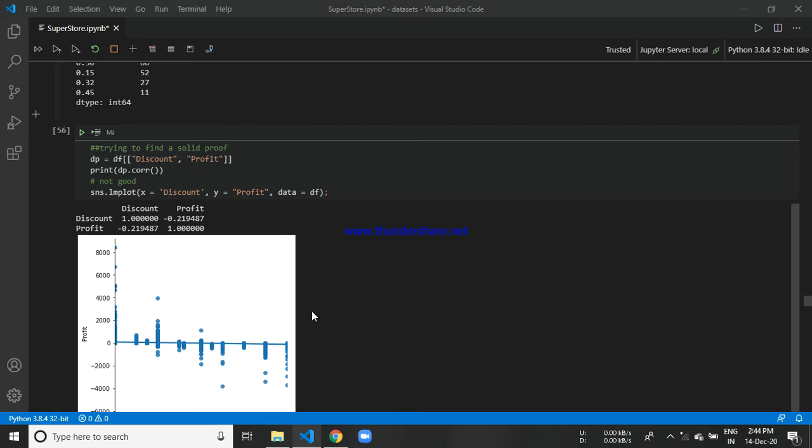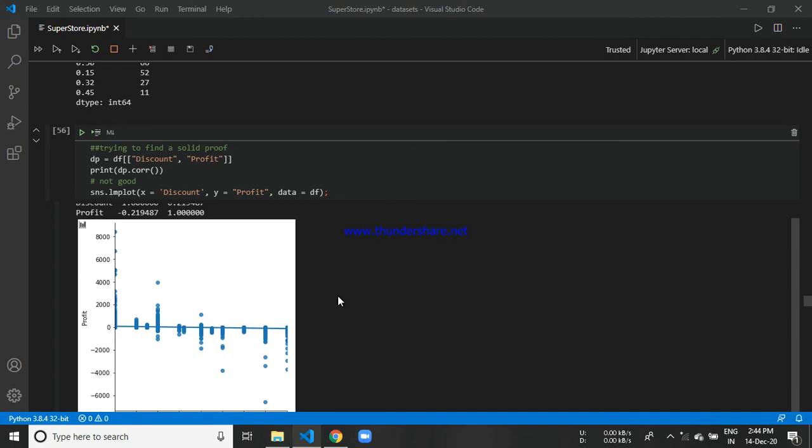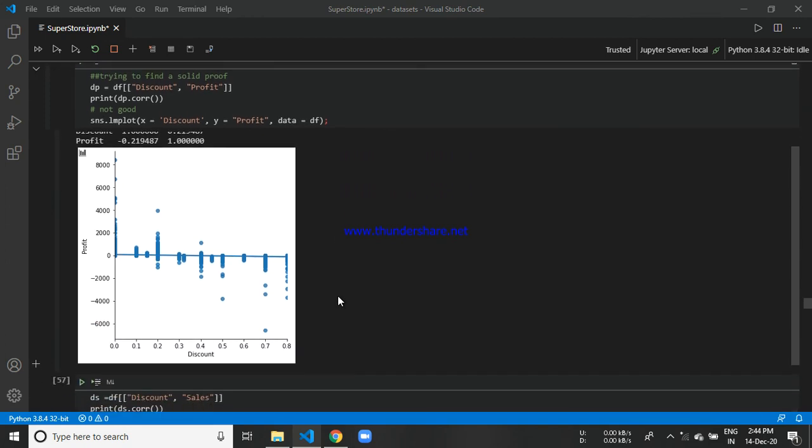This is the overall analysis of the discount with profit, overall discount. So we can see there is not much correlation. Also we can see that as the discounts go high, the profits are getting into the minus situation here. But we cannot say that this is correlated, because when the discounts were zero, so many profits were generated there.